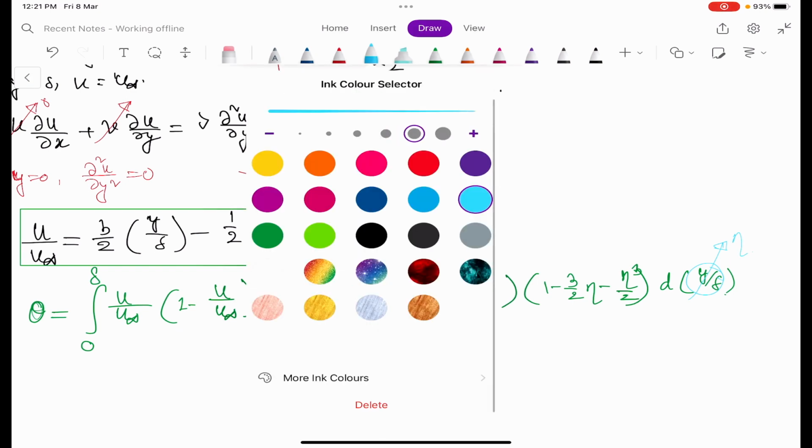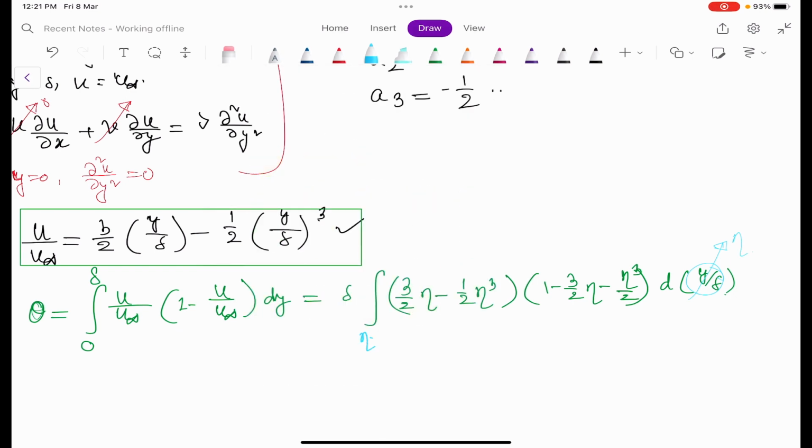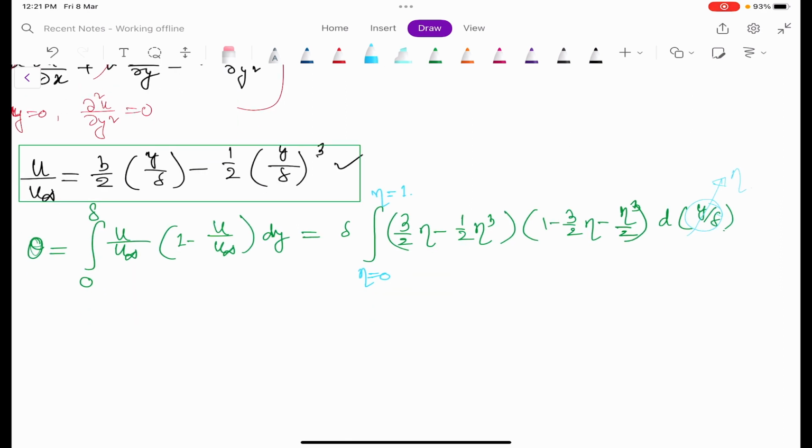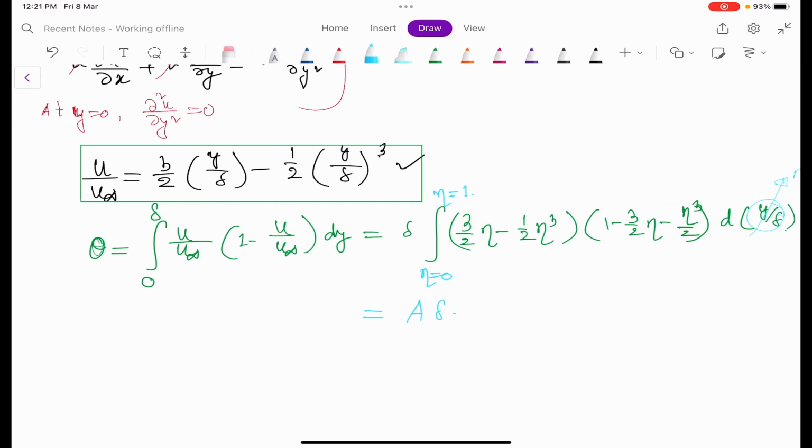So here the limits will be eta equal to 0 to eta equal to 1. Then it will be some constant, let us say a, into delta, this theta will be.